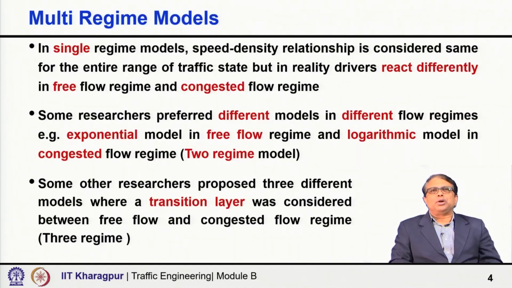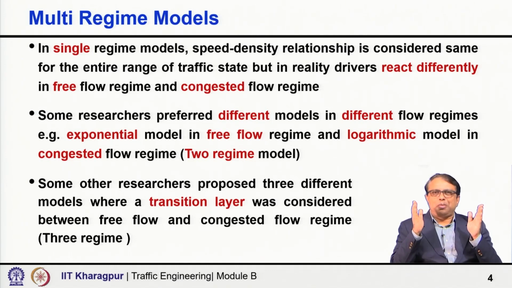In a single regime model, the speed density relationship is considered the same for the entire range of traffic state. How the speed varies with density is expressed for the entire range of speed or density using a single equation.